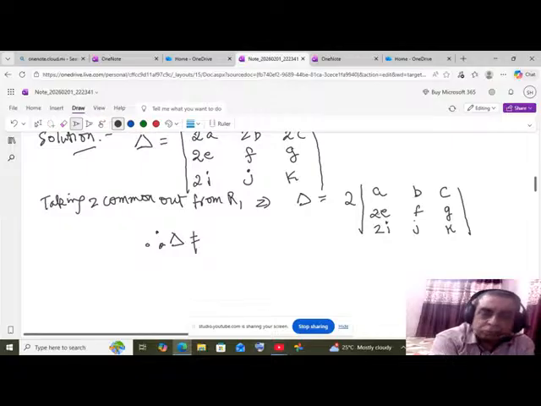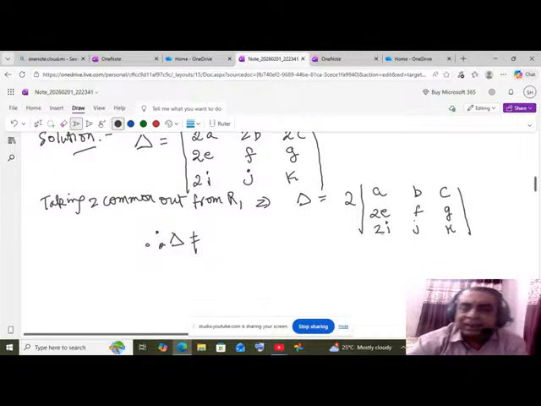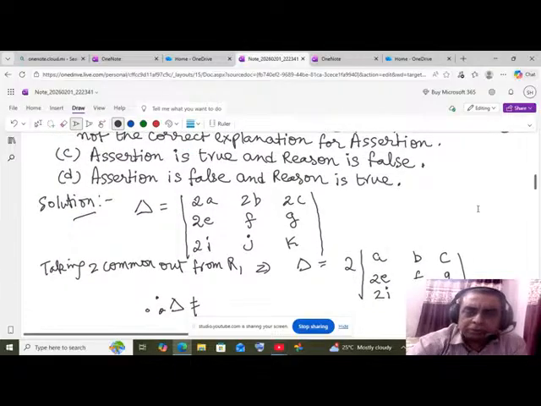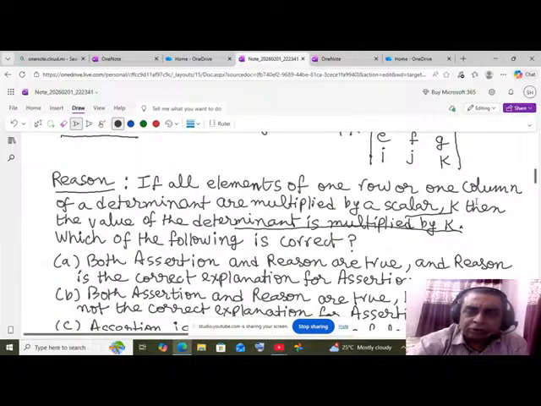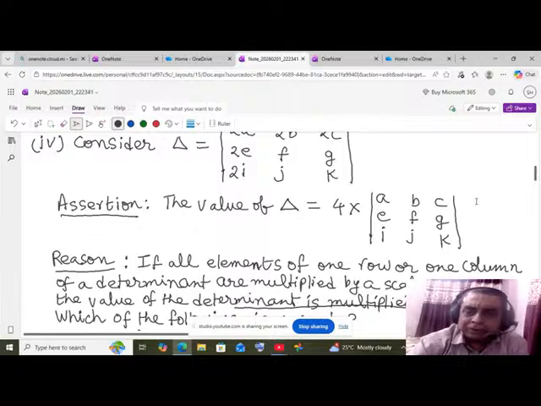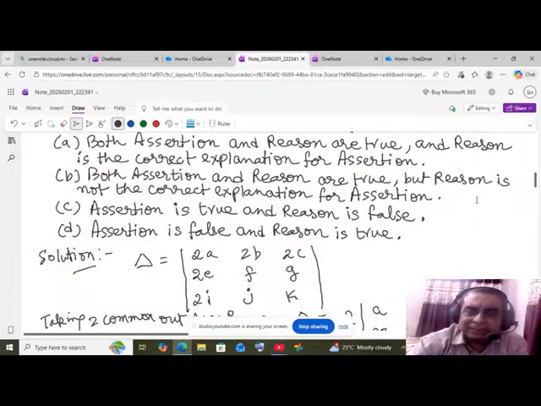We cannot take 2 common out from the first column because the first element of the first column has no 2 common. So 2 is not common in the first column, and 2 cannot be taken out from the first column. So this is not equal to 4 times, as it is given.